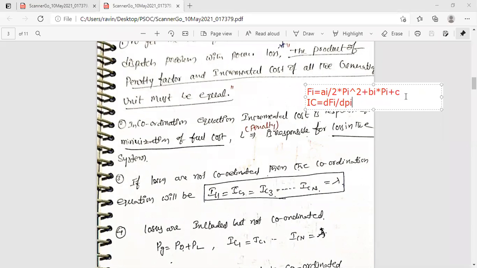This is called incremental fuel cost. This is the fuel cost. Sometimes this is also given in fuel cost. Differentiation of C is nothing but your incremental fuel cost equation.